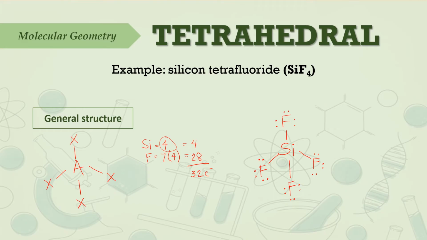Okay, so all in all, if you are going to count the electrons for the whole structure, it has 32 electrons. Now, since the central atom doesn't have any lone pair, then this structure or this molecule is non-polar. So, silicon tetrafluoride is a non-polar molecule.